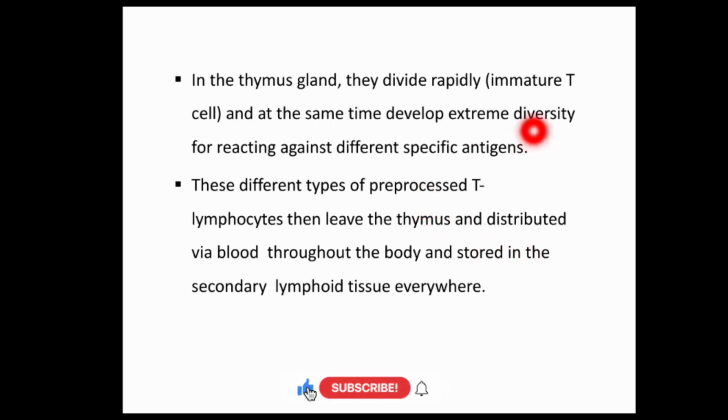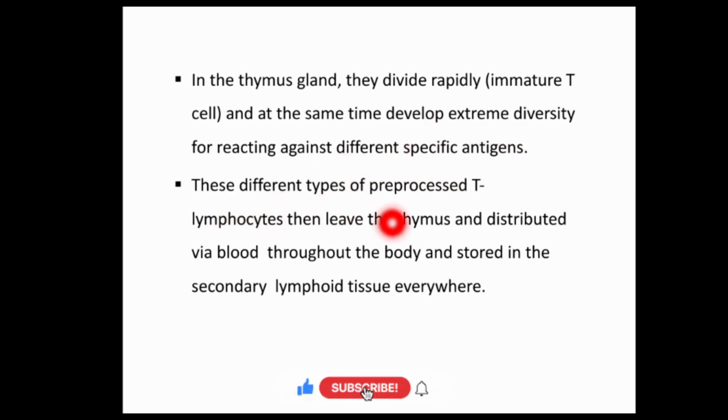I already showed that the bone marrow contains a stem cell, and the stem cell further differentiates into the pro B cell and pro T cell. The pro T cells migrate into the thymus to form the T lymphocytes. In the thymus gland, they divide rapidly and at the same time develop extreme diversity of reacting ability against different specific antigens.